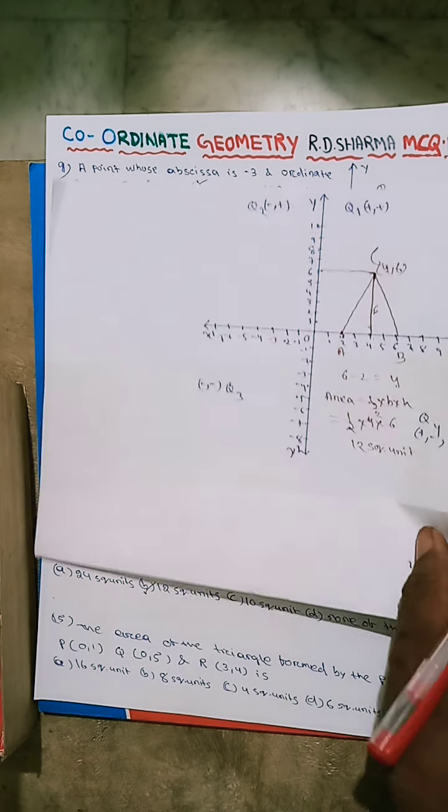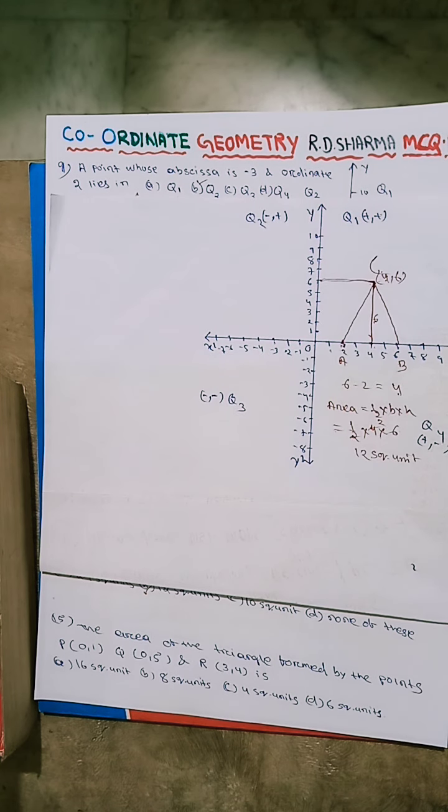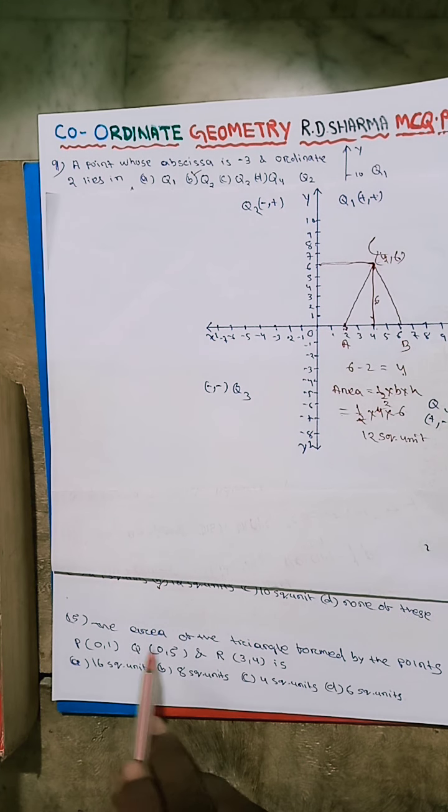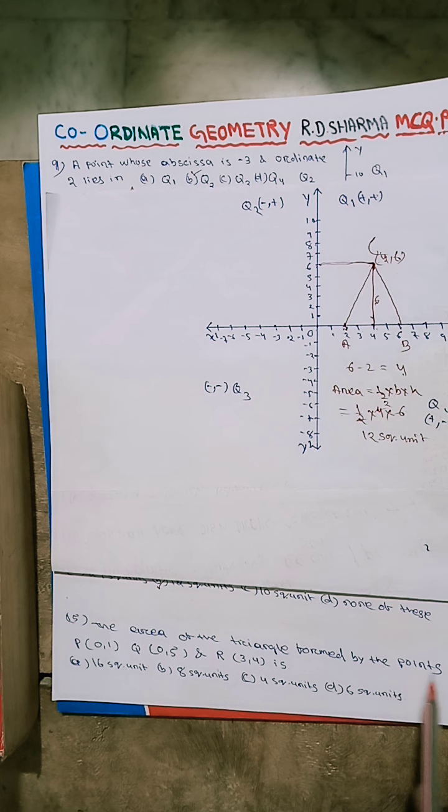Next, question number 15. Question number 15 is like this. The area of the triangle formed by the points P (0, 1), Q (0, 5) and R (3, 4) is A 16 square unit, B 8 square unit, C 4 square unit and D 6 square unit.